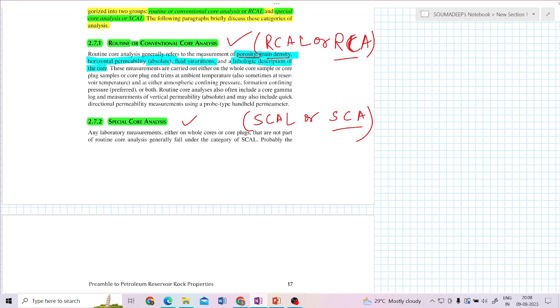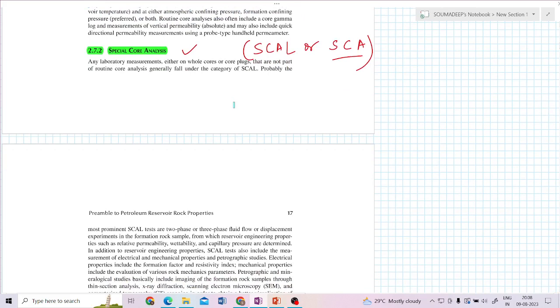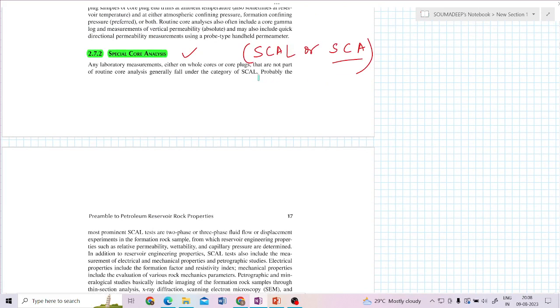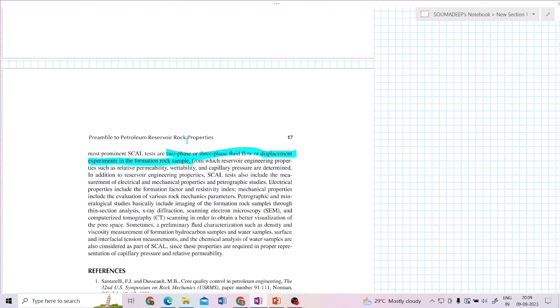From special core analysis, we get some advanced and very important things, such as two-phase or three-phase fluid flow or displacement experiments on the formation rock sample. We use various advanced techniques and get the relative permeability, wettability, and capillary pressure.